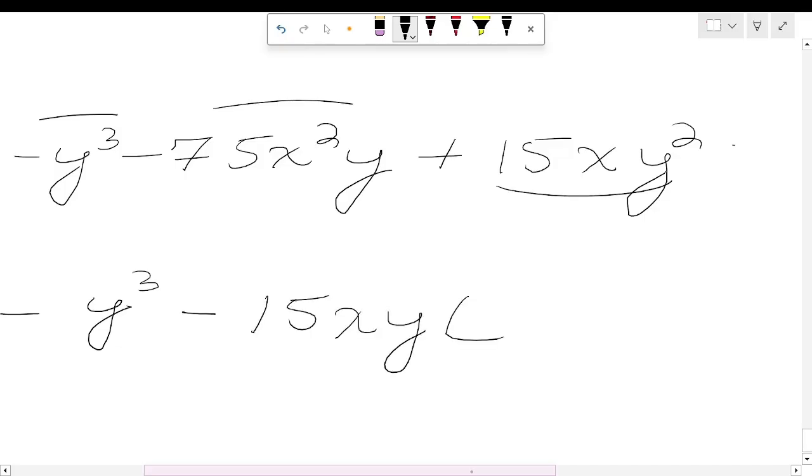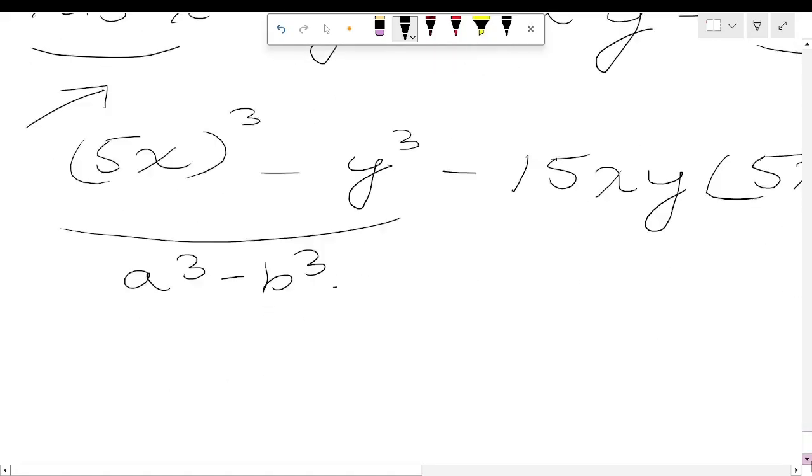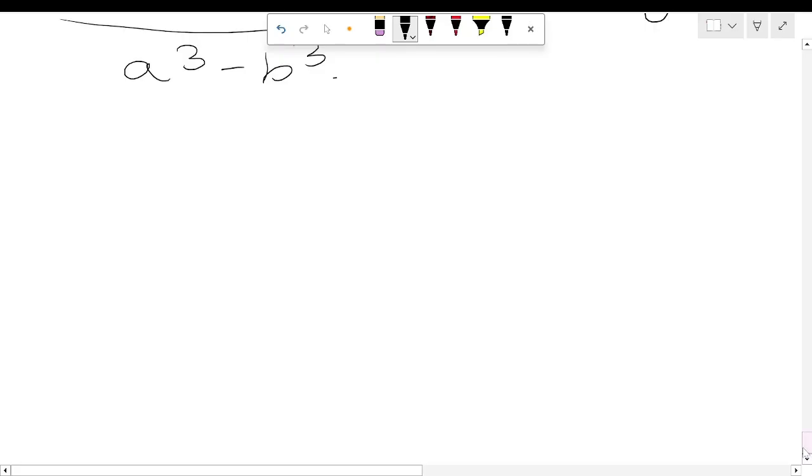And then what will be the common value? We will write 5x minus y, because minus and plus is always minus. So now we have 5x whole cube minus y cube. These two terms can fit into the formula of a cube minus b cube. So what will we do next?